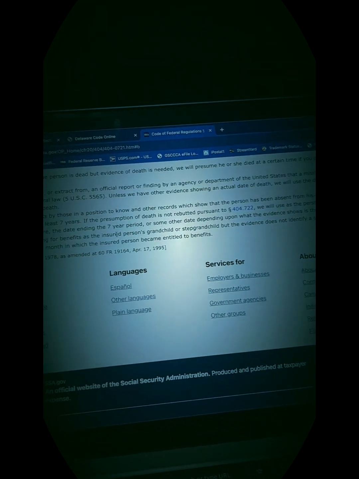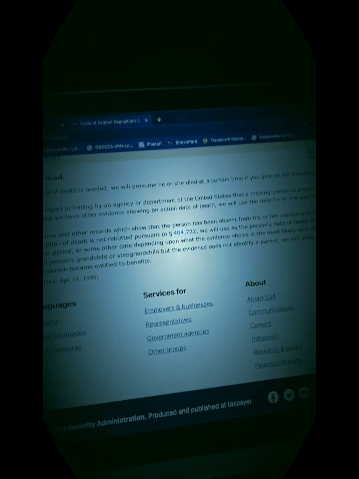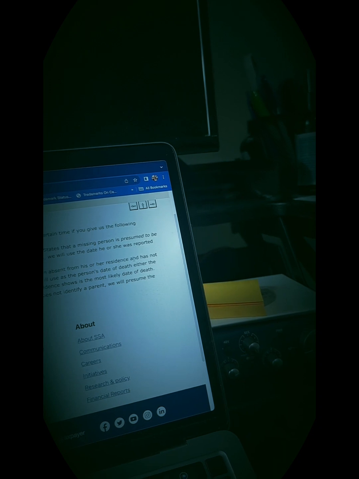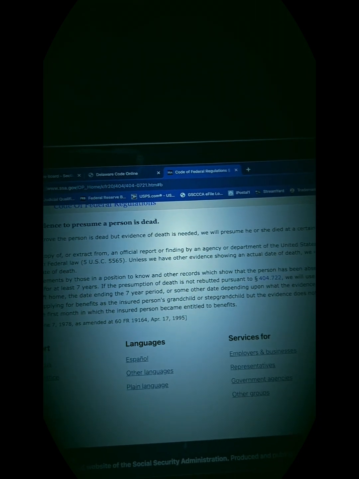As you can see right there, this is what they're talking about. B right there, a signed statement by those in position to know the record, to know other records which show that the person has been absent from his or her residence and has not been heard from for at least 7 years.